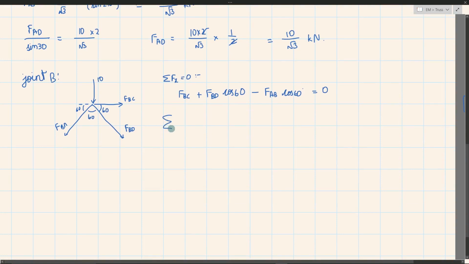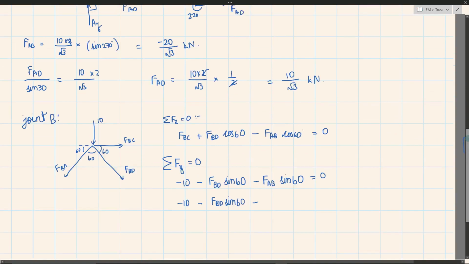The next one is sigma Fy is equal to 0. In sigma Fy we have minus 10 and minus FBD sine 60 and minus FAB sine 60 is equal to 0. So this is minus 10 minus FBD sine 60 minus FAB.